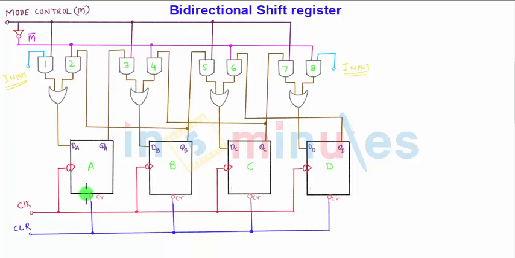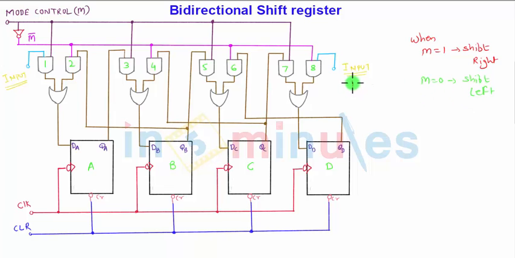Now to control this operation we have a mode control here. What a mode control does is, when M is equal to 1, it does the shift right operation, and whenever M is equal to 0, it will be shift left operation. Now for shift left you need to enter your data at the 8th AND gate.